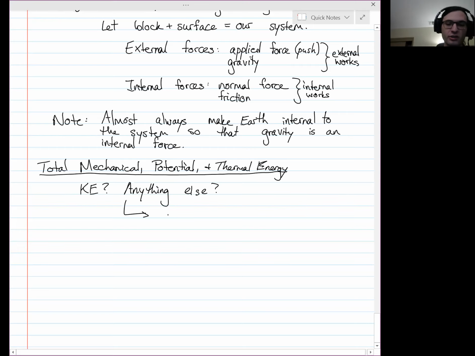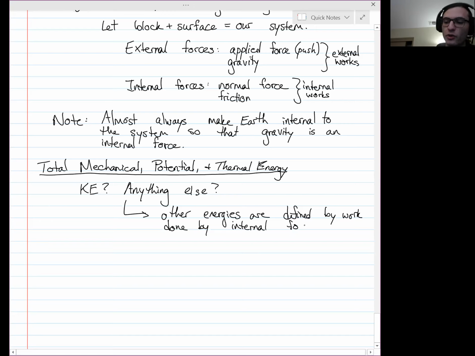The other energies are defined by work done by internal forces. So in a sense, kinetic energy is special. It's not the result of any work. It's not the result of any force, rather. It's just a property that an object has. It doesn't have to do with any forces being applied to it.